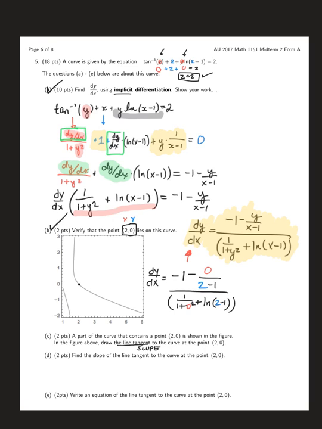So if I do all of this simplification, if you were to go about this carefully, you would get -1 over 1, which is equal to -1. So the slope of the tangent line is -1, which means we go down 1 and over 1, down 1, over 1.